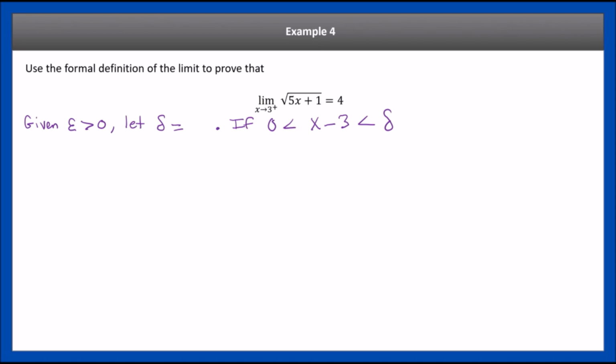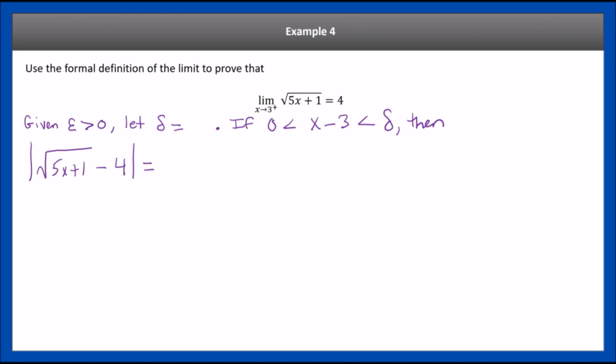So if x minus 3 is between 0 and delta, then we can go ahead and say that the absolute value of f of x minus L is less than epsilon. We've got to show that. So we're going to simplify this. How do we simplify this, because there's not really much you can do with that square root?